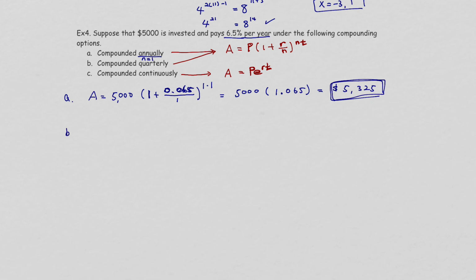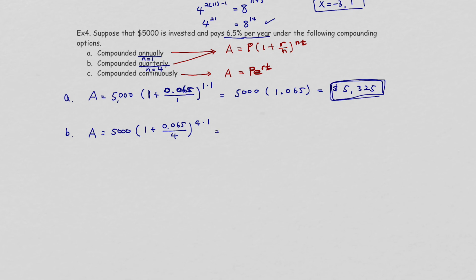Total amount for A. And B, they say find the amount compounded quarterly. Quarterly means 4 times a year, so your n is going to be 4. Let's replace that number. 5,000 times 1 plus 0.065 divided by 4, times 1.